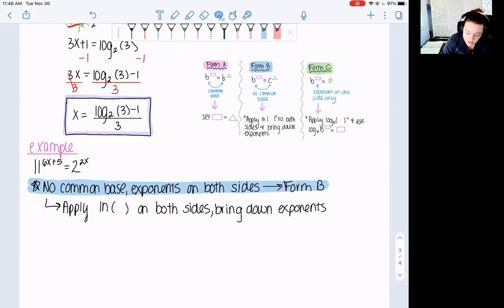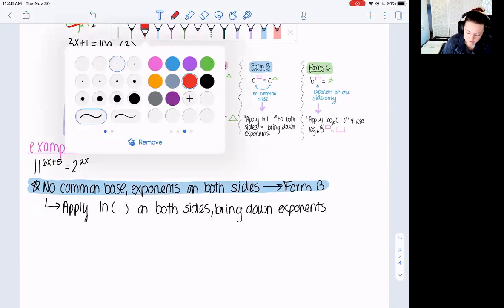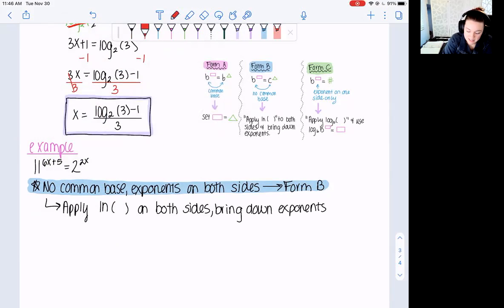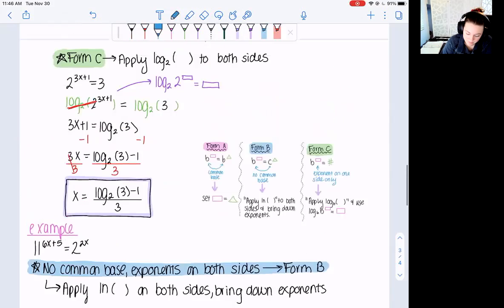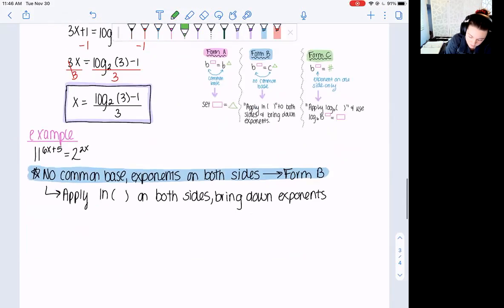So we're applying ln on both sides. We have ln of 11 raised to the 6x plus 5 equal to ln of 2 raised to the 2x.